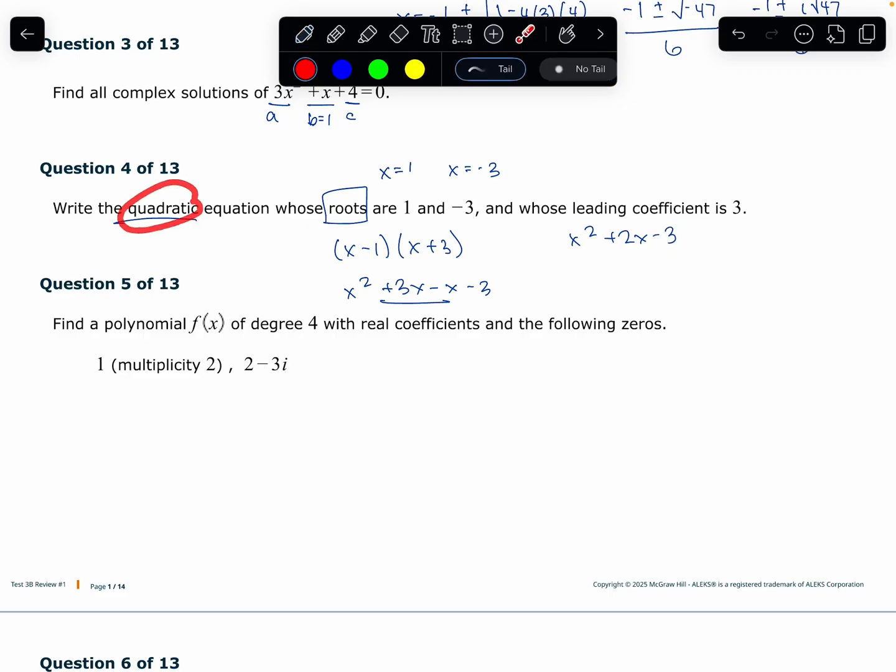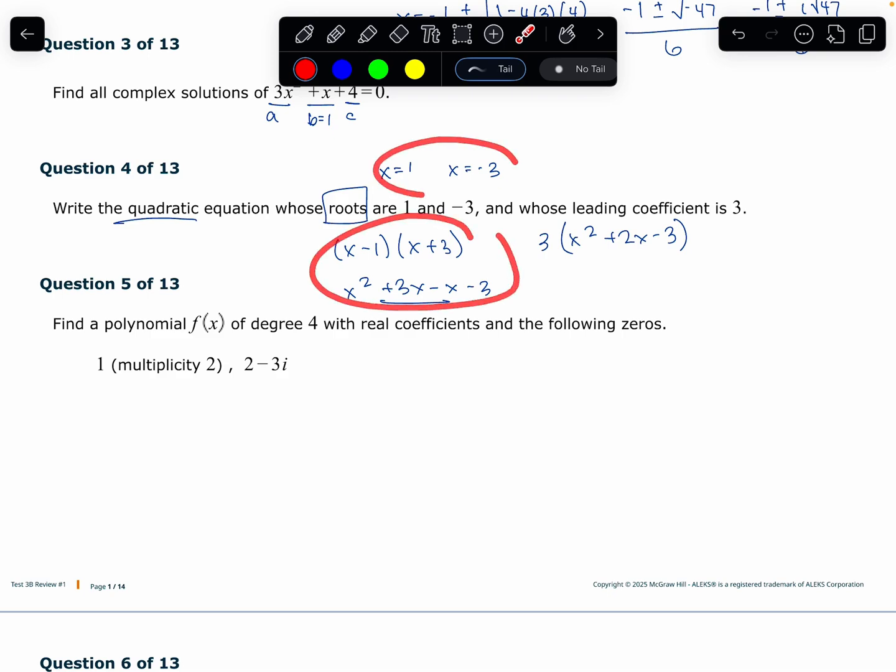I do have a quadratic with these roots right here, but I also need to make sure that my quadratic has a leading coefficient of 3. So what I can do without changing the roots, which I have already established, is multiply the entire thing by 3. As long as I multiply each term by 3, that won't change the roots.